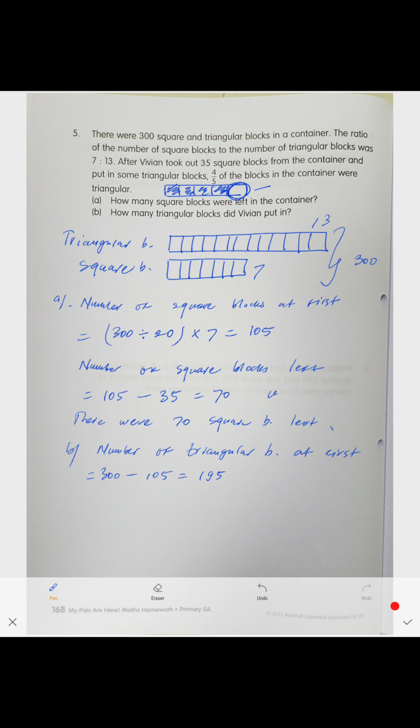So basically it is 1 unit. If 1 unit is 70, then 4 units is 4 times 70, and it is 280.